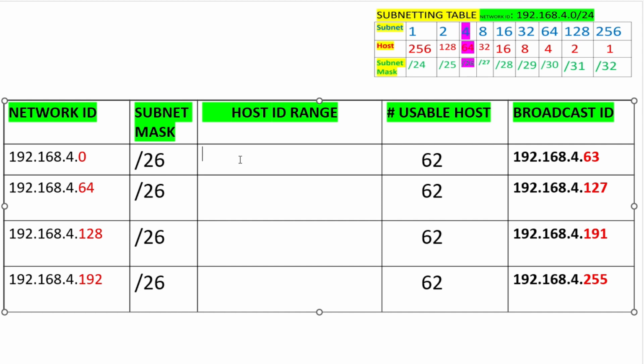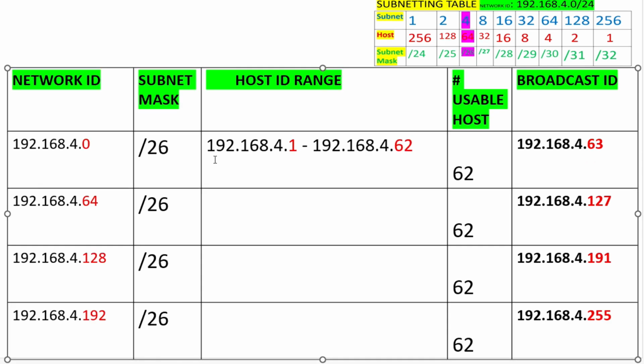A subnet's host ID range is any ID between its network ID and broadcast ID. For the first subnet, 1 to 62 is between network ID 0 and broadcast ID 63. That is 192.168.4.1 to 192.168.4.62.